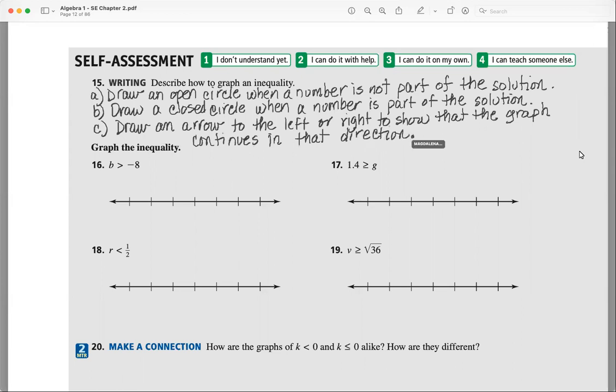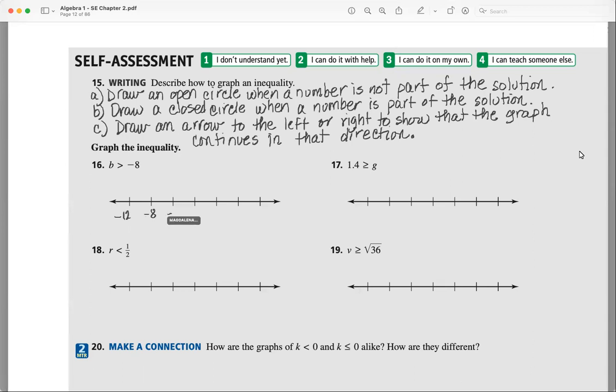Okay, now let's go ahead and graph. Now remember, when they give you the tick marks and they don't really give you the numbers, just accommodate. It says any number greater than -8. So we know we have to go to the right. So accommodate your tick marks to be able to graph.